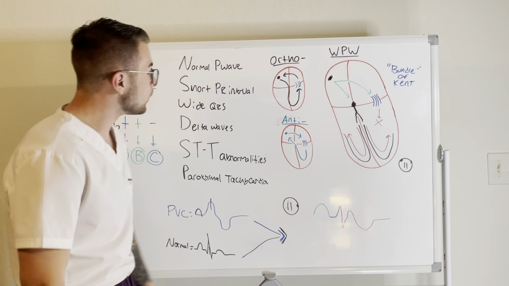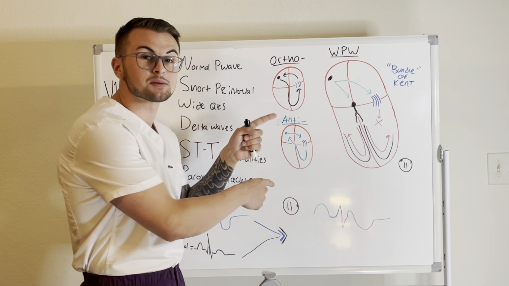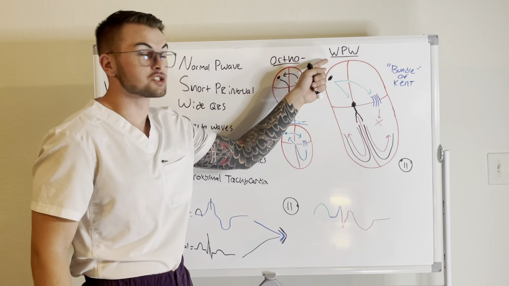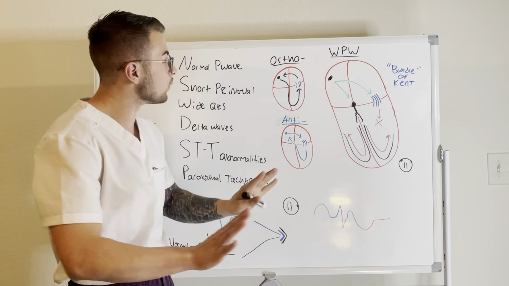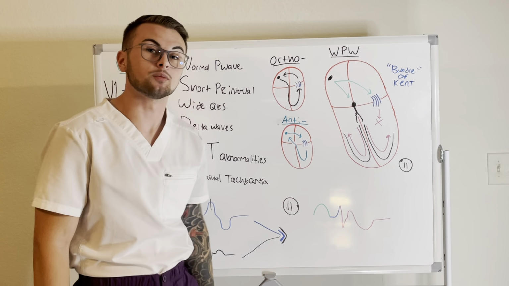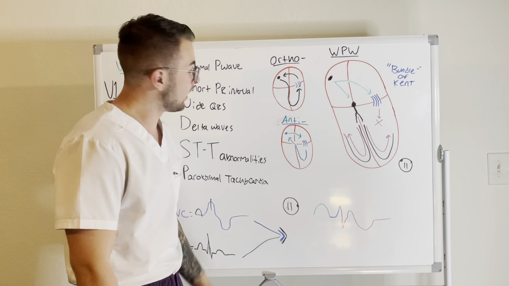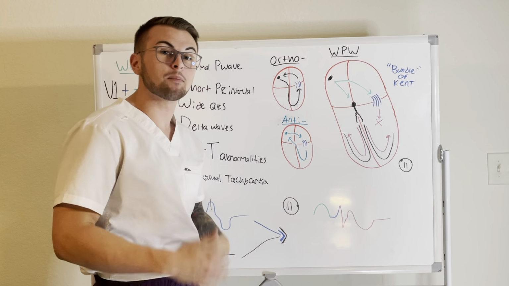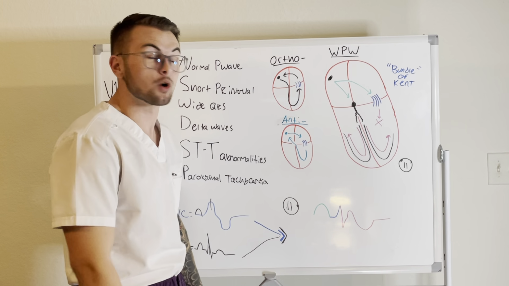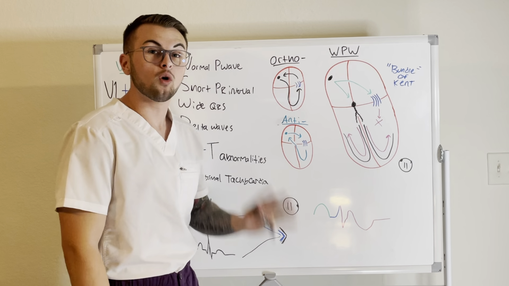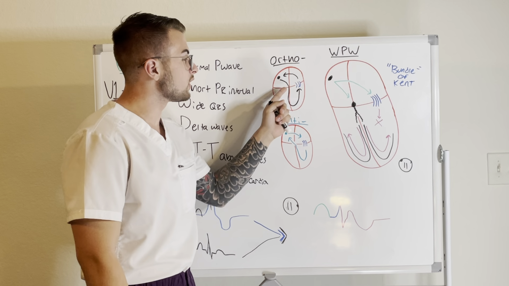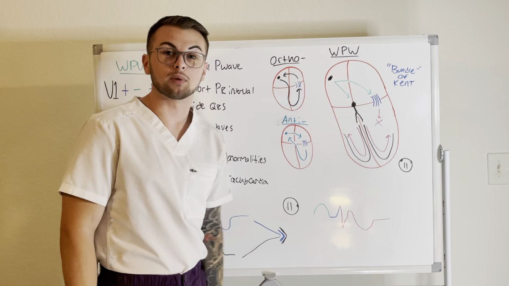And lastly, we know the two different types of tachycardias that are associated with Wolff-Parkinson-White are orthodromic and antidromic conduction. Orthodromic means the right way, antidromic means the opposite way or the wrong way. So when we have orthodromic conduction, we know that it is going through the AV node and back up through the bundle of Kent.